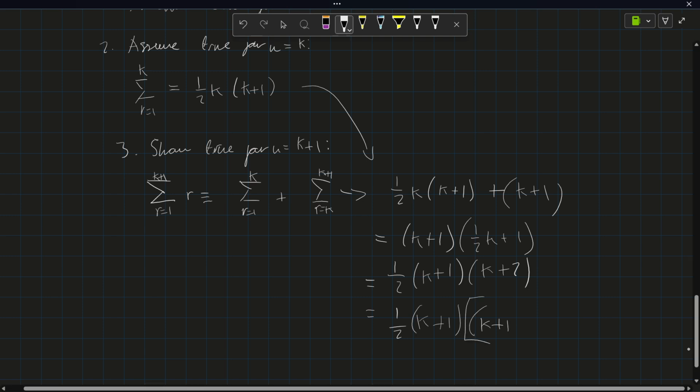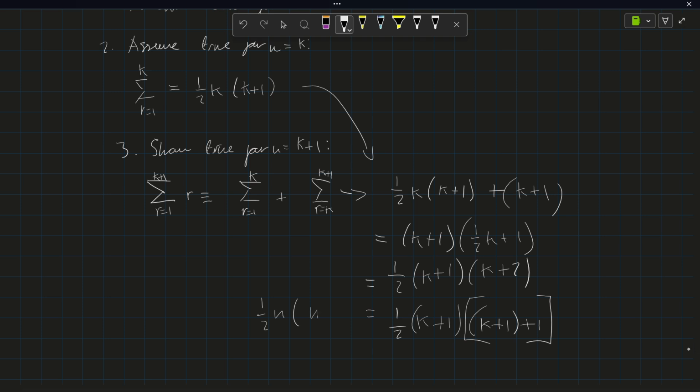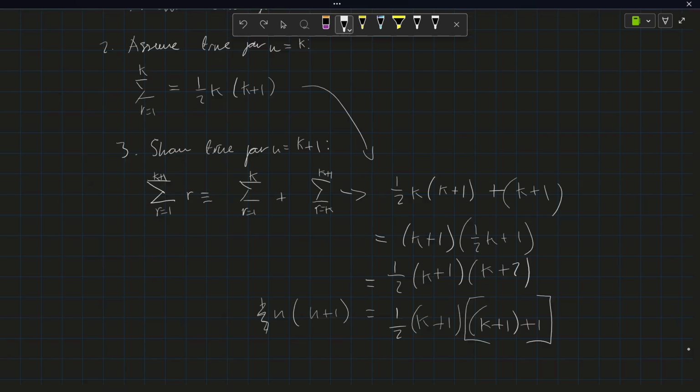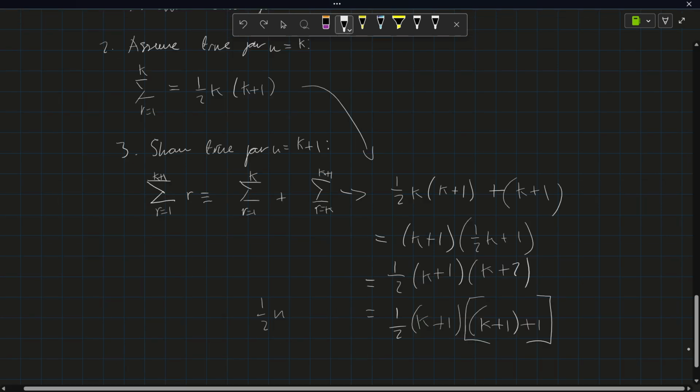Hopefully you do. This is exactly the same as 1 over 2. And you can see this is the same as this, same as this. Doesn't look like it. We just substituted k plus 1 for n, blah blah blah. You get results.